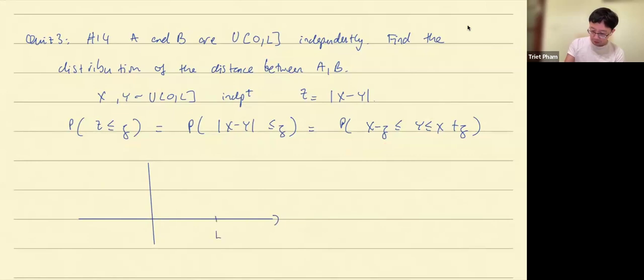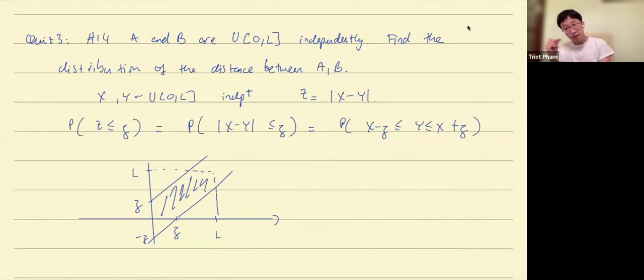You have a square of length L, and a line with intercept minus z, and another with intercept z, and you want the area in between.